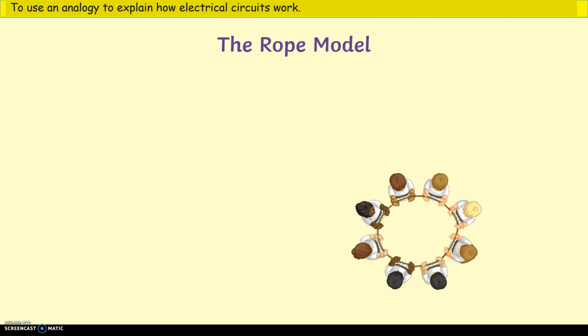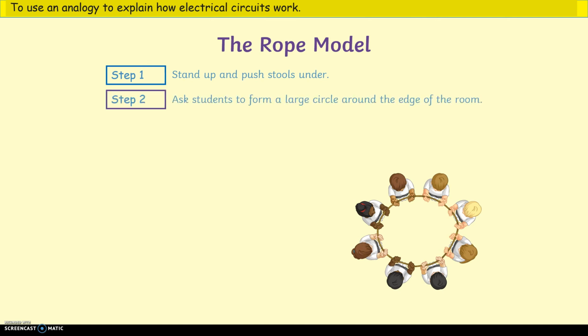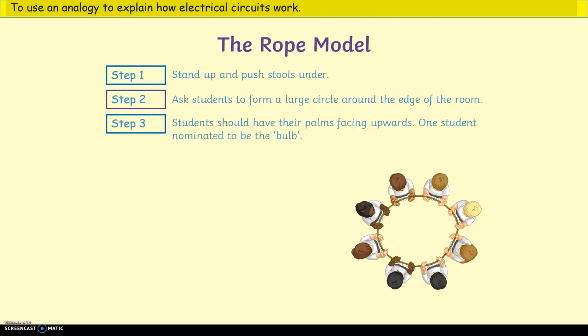Let's think now about the rope model. So imagine you were in the classroom. You'd be asked to stand up and push your stools under. You'd be asked to form a large circle around the edge of the room, and that you should have your palms facing upwards. I'd ask one of you to be nominated to become the bulb, and I'd place a rope in your hand.